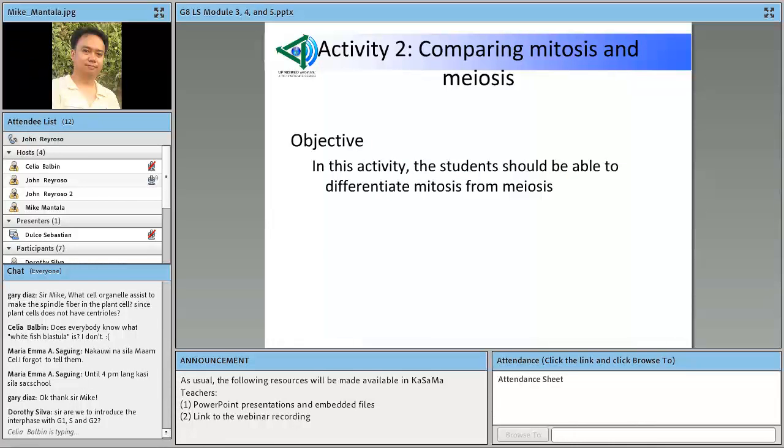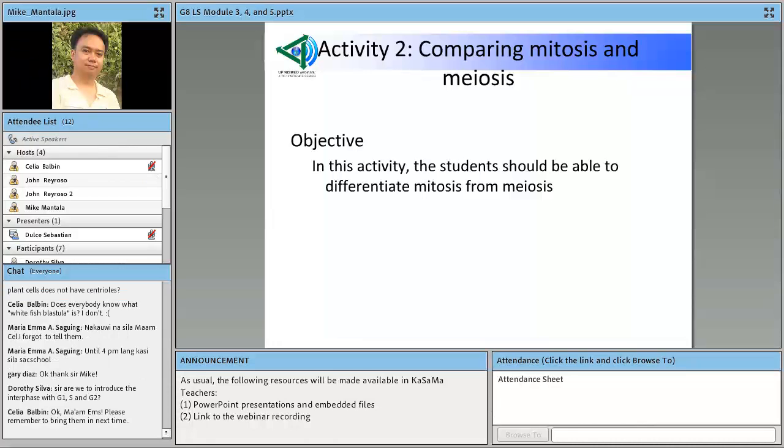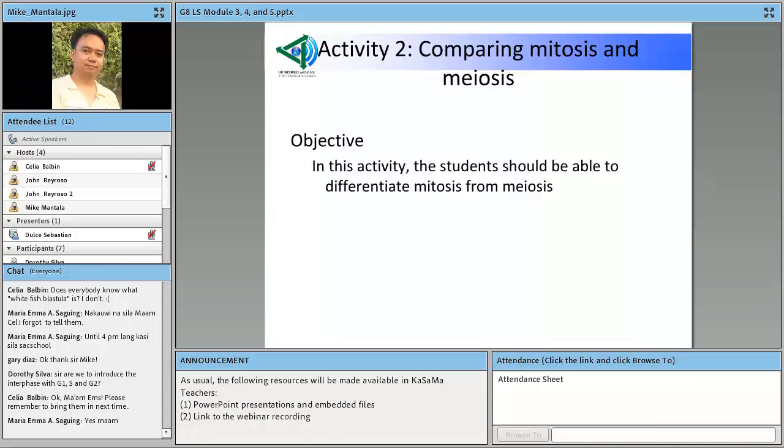Comparing mitosis and meiosis. This is now activity 2. In the learners modules, there's a thorough discussion of the events, the stages involving mitosis, and also the different stages involving meiosis. Activity 2 seeks to help students compare mitosis and meiosis.